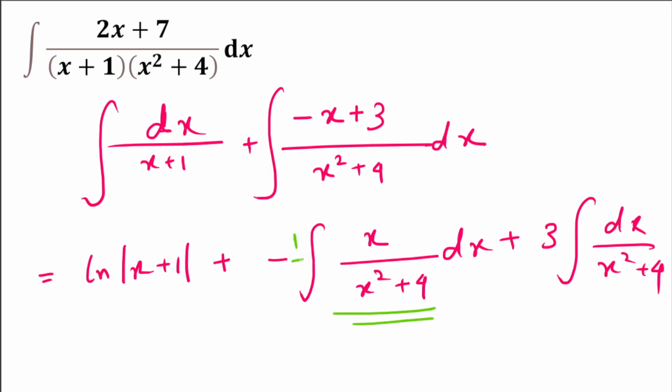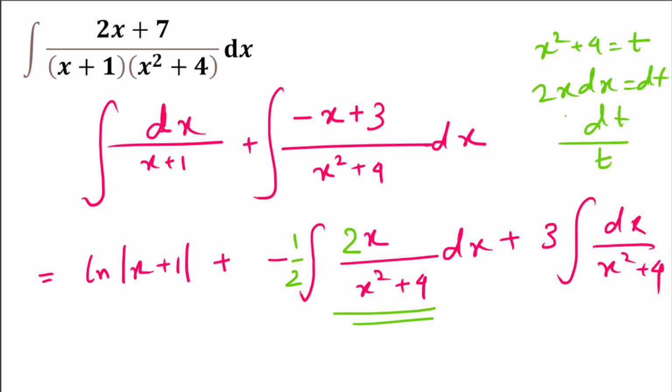We just have to add half here and 2 there. Now you can take x square plus 4 equals t, and then 2x dx equals dt, so you will have a simple sum here, dt by t with a half, of course. Now this is ln of t, right? So we'll write it as minus half ln of x square plus 4.